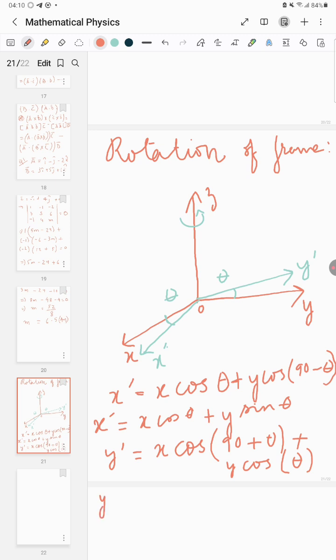So what this changes into is Y prime equals, now cos(90 plus theta) is minus sin theta, so minus X sin theta, this is basically basic trigonometry, plus Y cos theta.